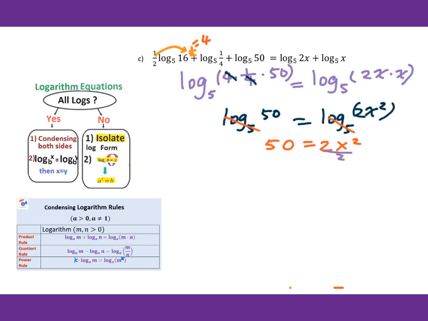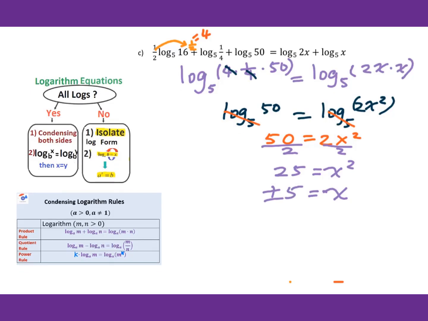Divide by 2 on both sides because this is a power pattern equation. Get x squared equals 25. Square root both sides, x equals plus or minus 5. Then you need to check for the extraneous solution. For the arguments, we have 2x and x.